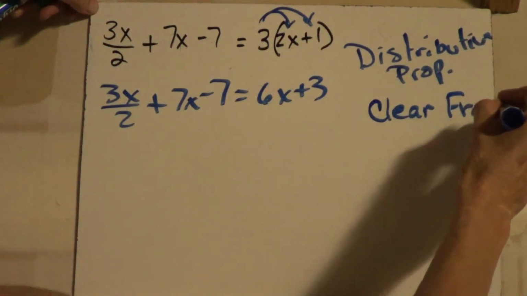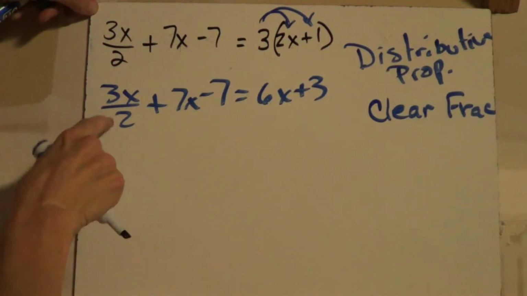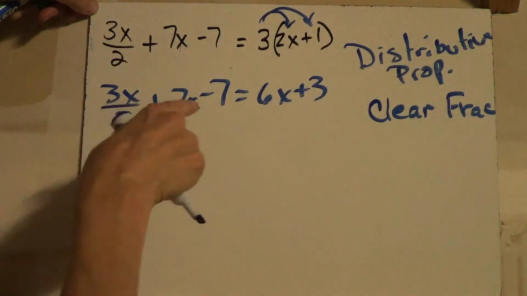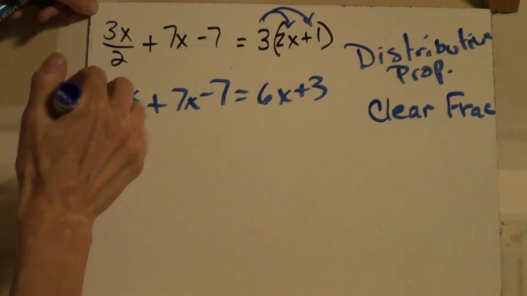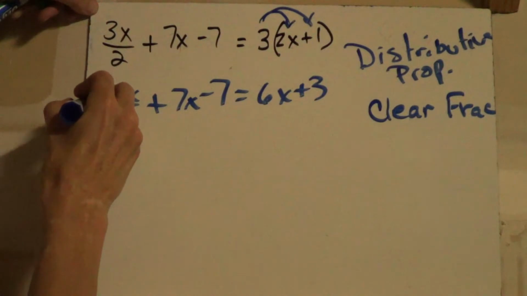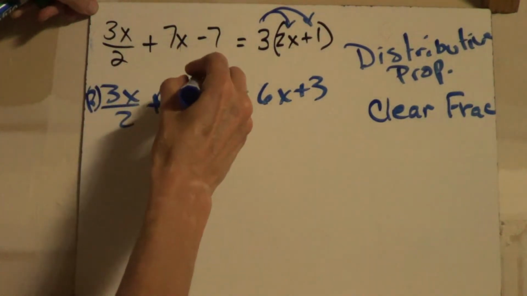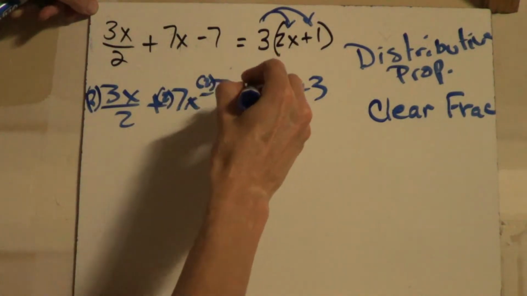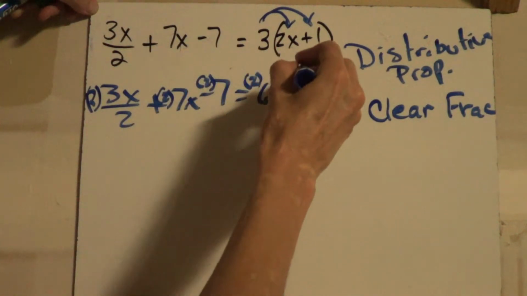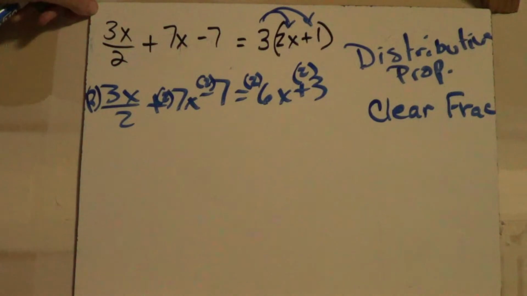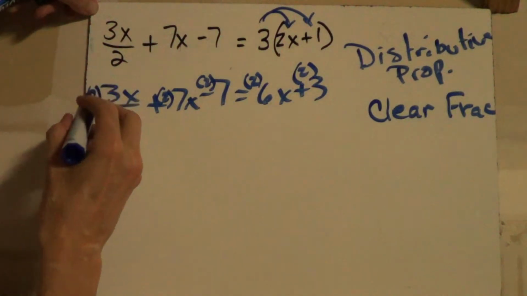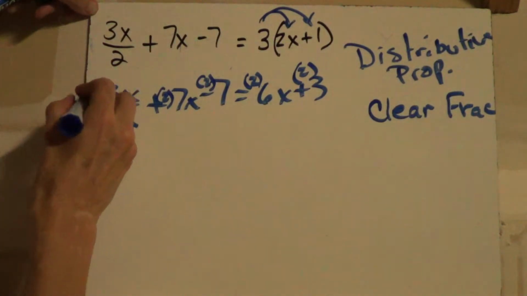we multiply by a number that will cause every fraction in the problem to cancel. Since we only have a 2 here, we'll just multiply every term by 2. By 2, by 2, by 2, and by 2. Okay? So now we have that canceling.